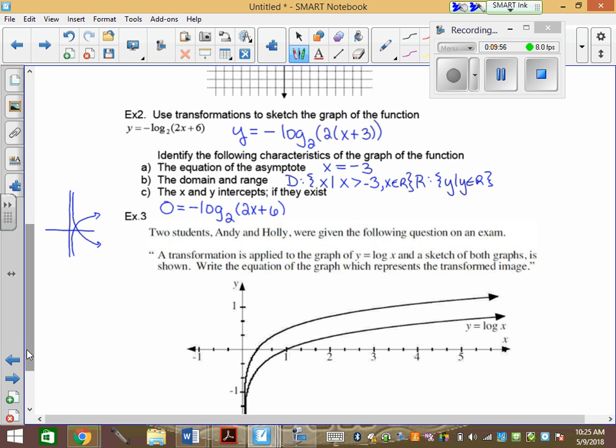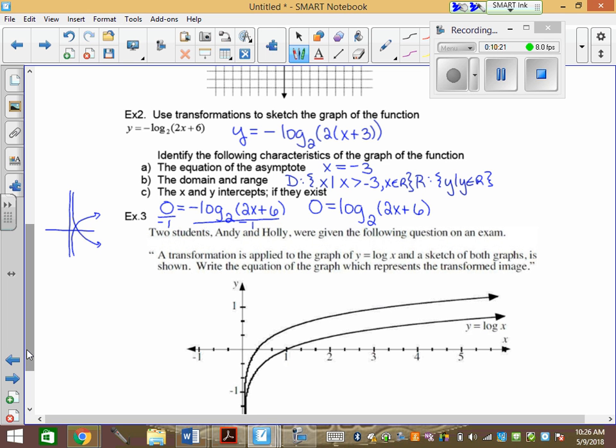Convert it to exponential. But the only way I can convert to exponential is if there's a positive 1 in front of the log, which there isn't. So what could I do? Divide by negative 1. So I'm going to get 0 equals log 2 to the 2x plus 6. And now I can actually change it to exponential.